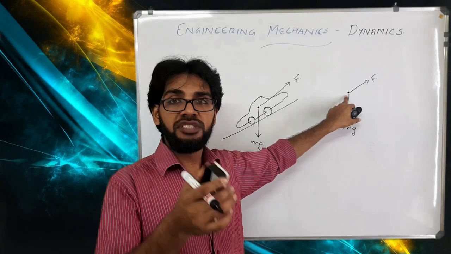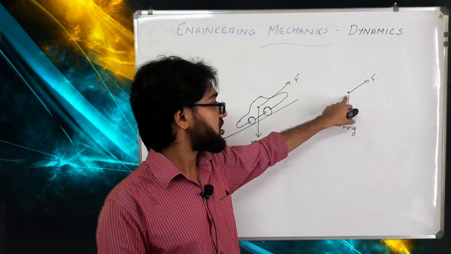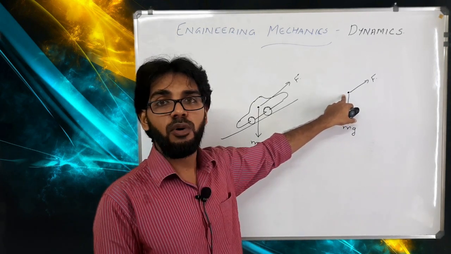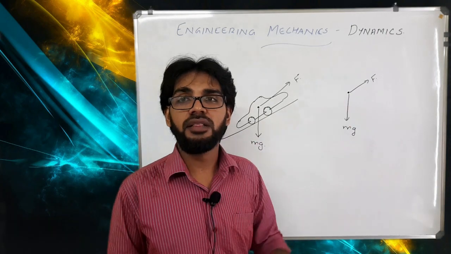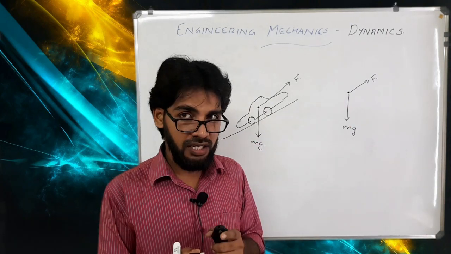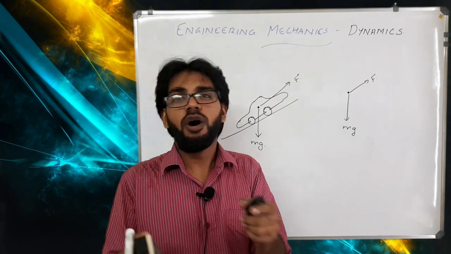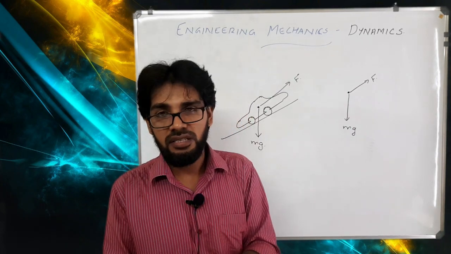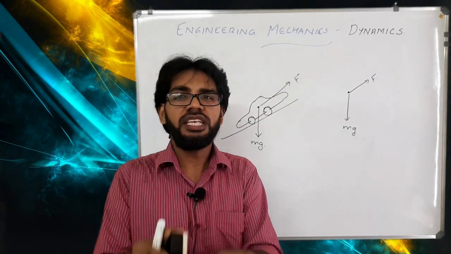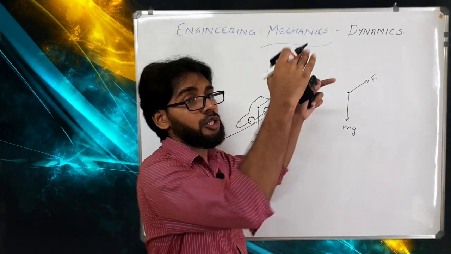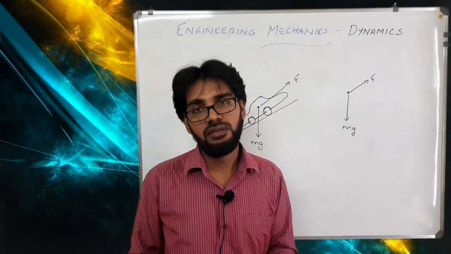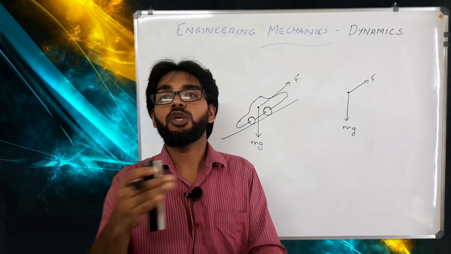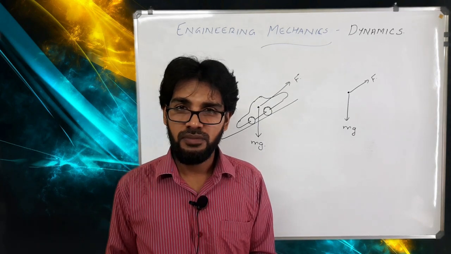So any rotation about this corresponding mass center can be neglected. Do you understand? By saying that the bodies are analyzed as particles, we mean that only their motion as an entire unit is considered.